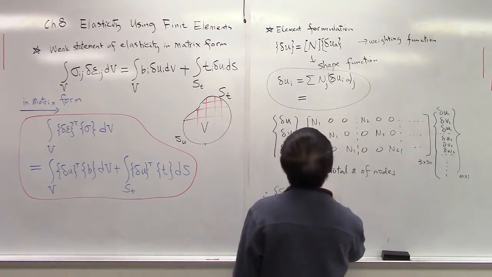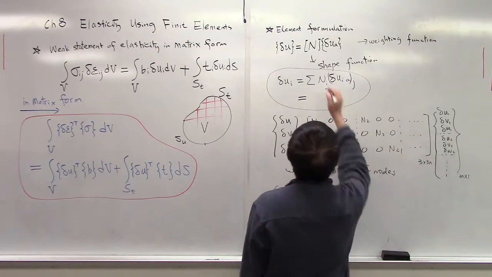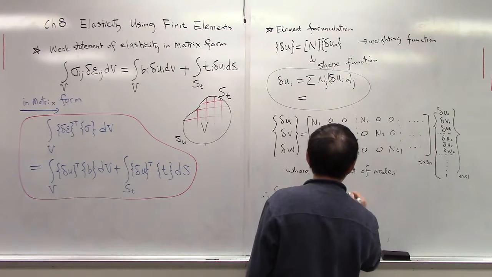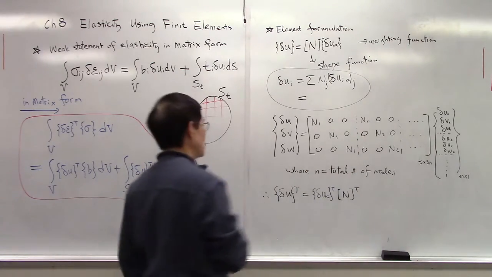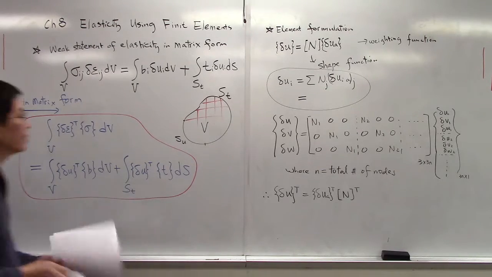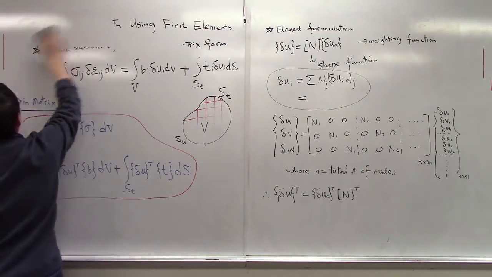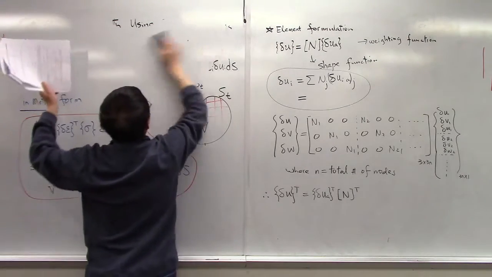So you have delta UA transpose, and this shape function matrix here is also transposed. Okay, like that. And then, I need to erase that, make use of space.